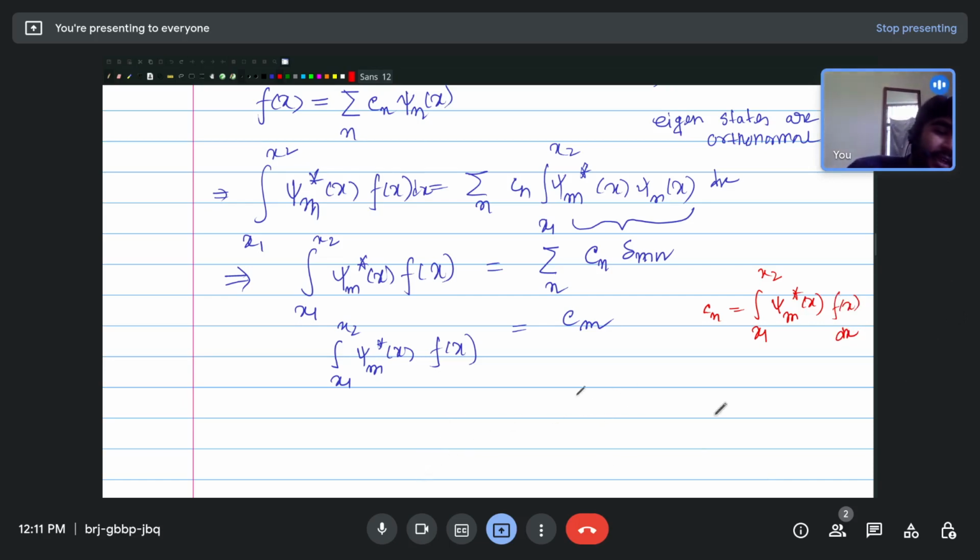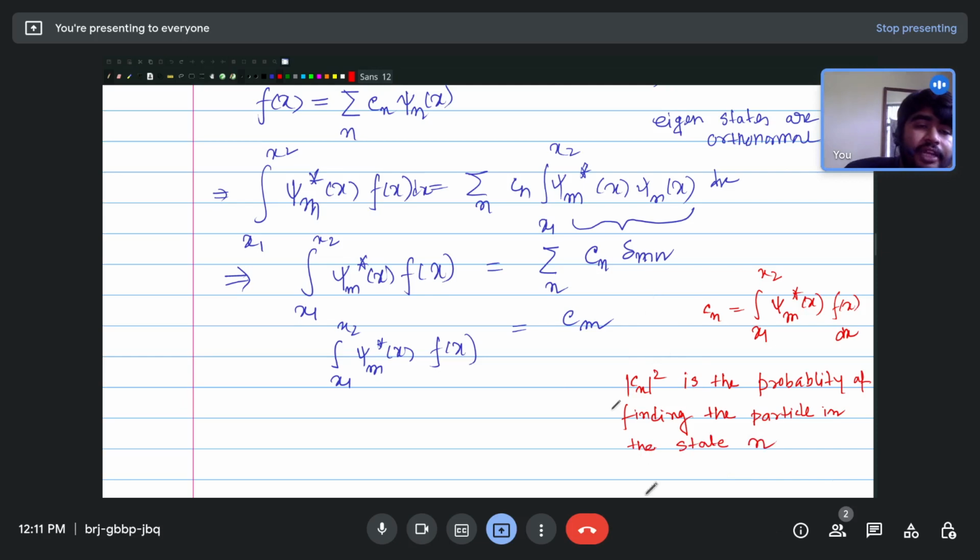And the Cn mod squared is the probability of finding the particle in the state n, right?